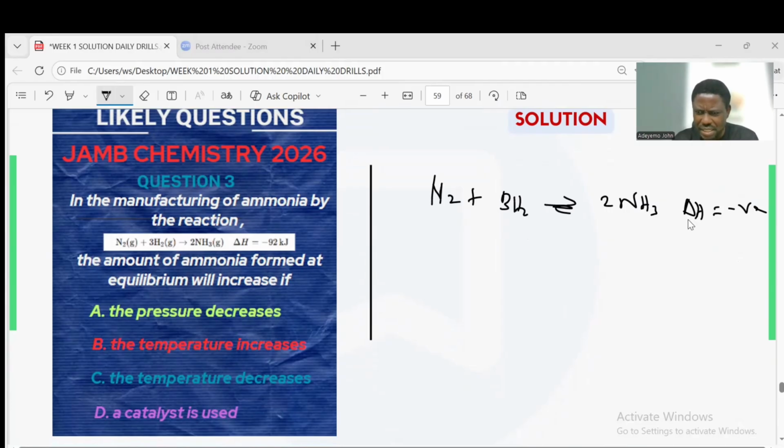Because delta H is negative, the heat is already being given out. So there will be a decrease in temperature for an exothermic reaction. That is number one; that way ammonia will form. In terms of pressure, this is one, this is three, and this is two.